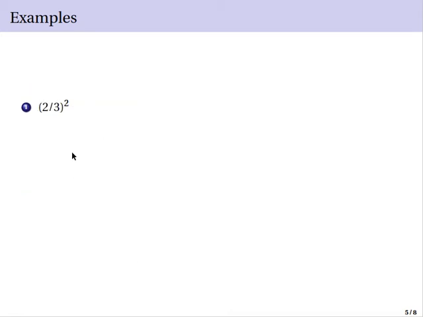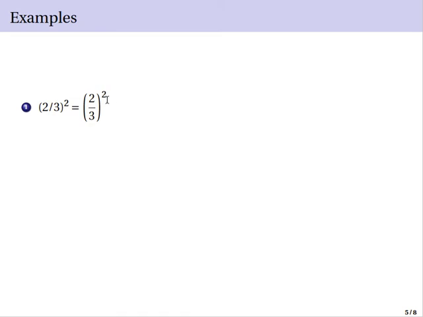Next example, we have 2 over 3 raised to the power 2. Let us rewrite this as a fraction. So this one is the same as 2 divided by 3, and then you raise it to the power 2.